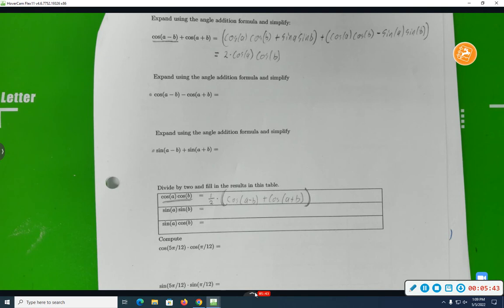What's the sine of a plus b? Sine a cosine b, plus cosine a sine b. Cool. And how does it change if there's a minus sign there?